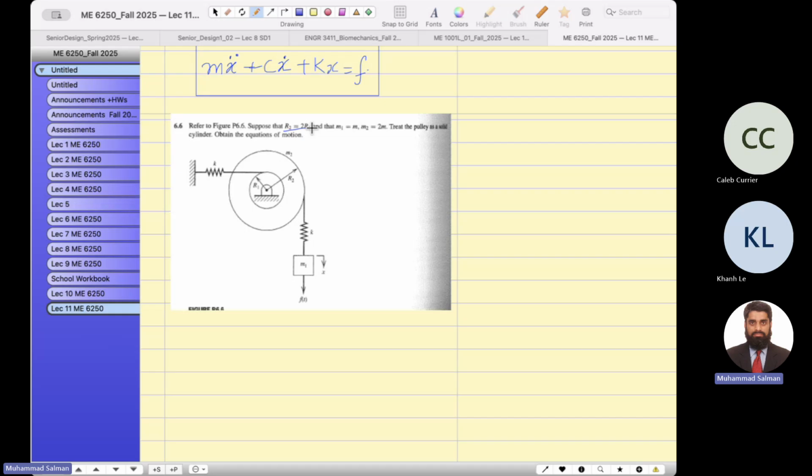Suppose radius R2 equals 2 R1. This is the explanation given here.